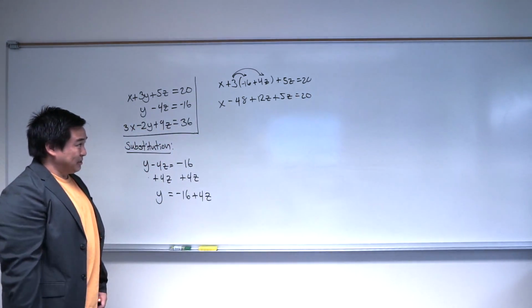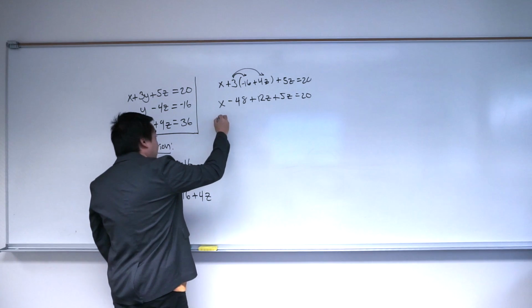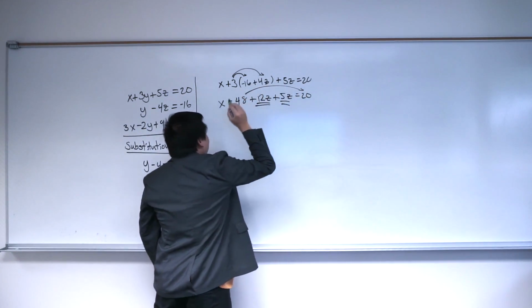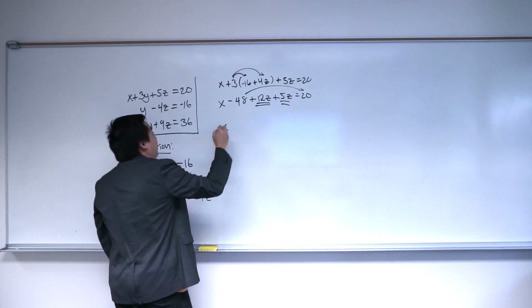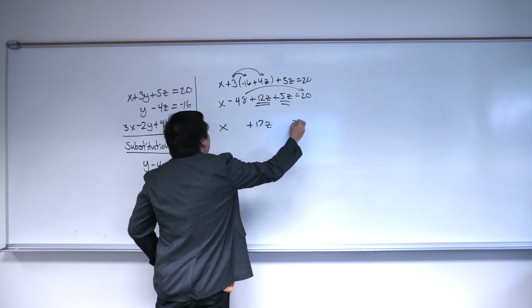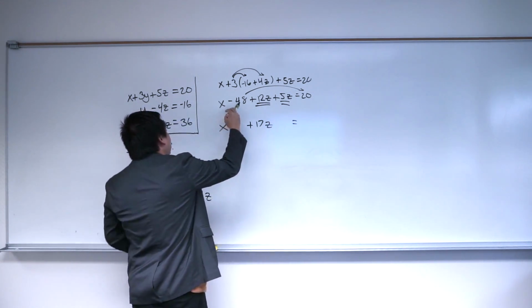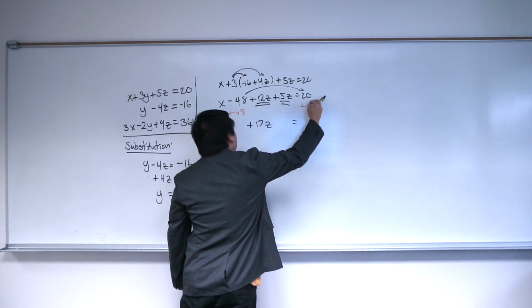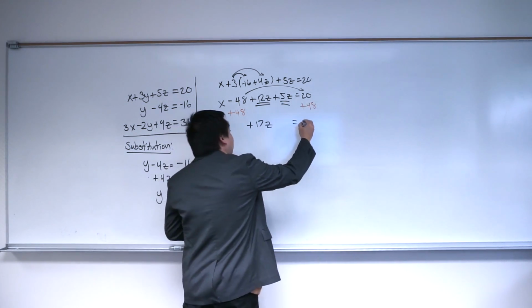And then let's simplify by writing out these two terms together and bringing that one over to the right-hand side. So x plus 17z. And then if I add the 48, we can see that the right-hand side becomes 68.